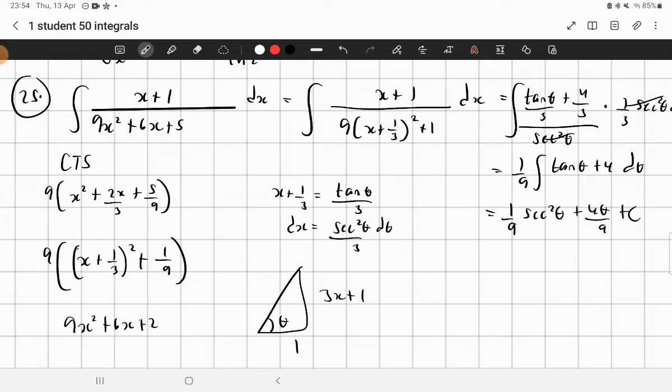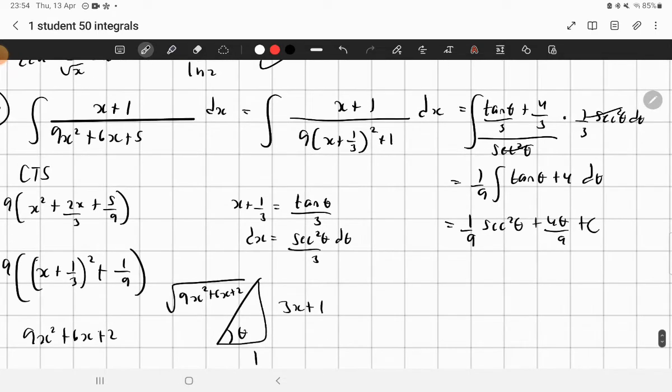What? Why am I confused right now? The square root of 9x squared plus 6x plus 2. So now just set the hypotenuse. Meaning this will be 9x squared plus 6x plus 2, and then 4 over 9 arctangent of 3x plus 1 plus c.